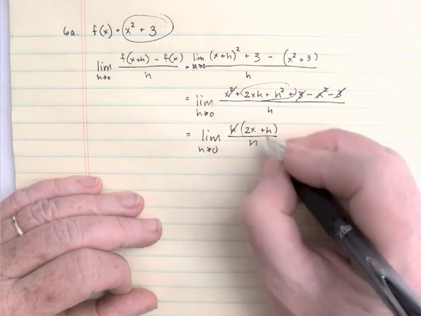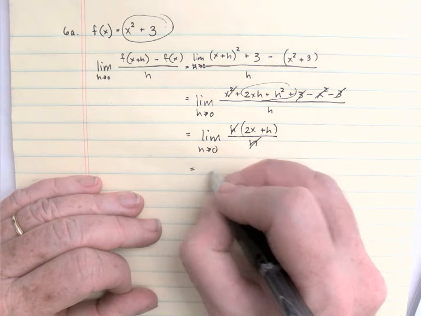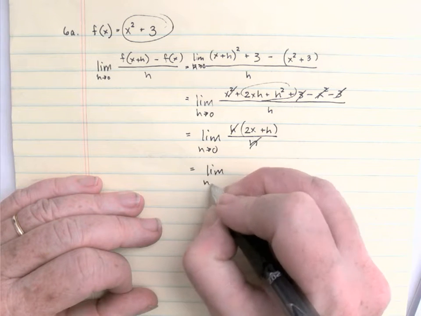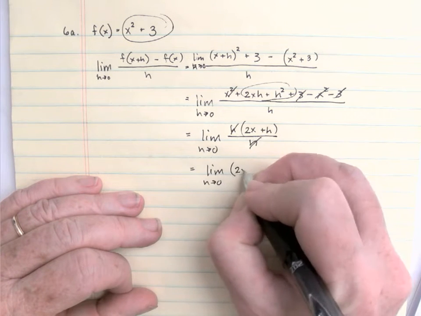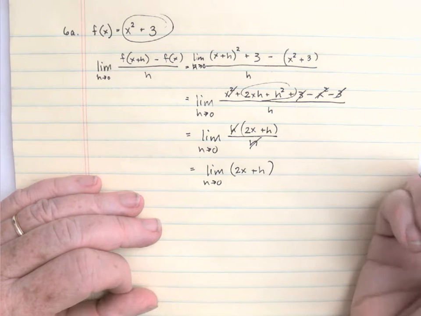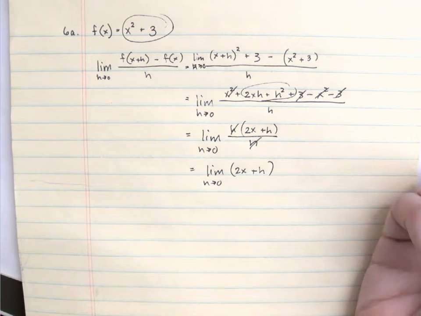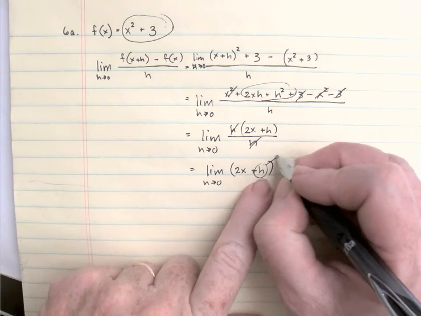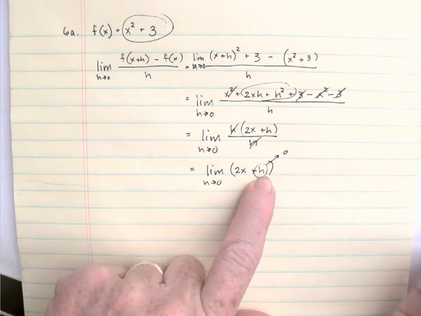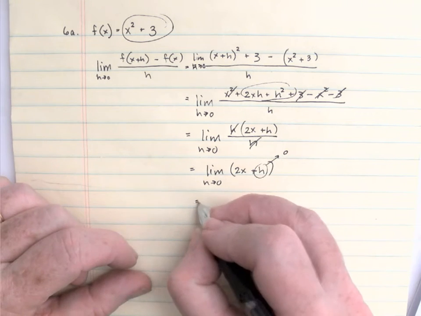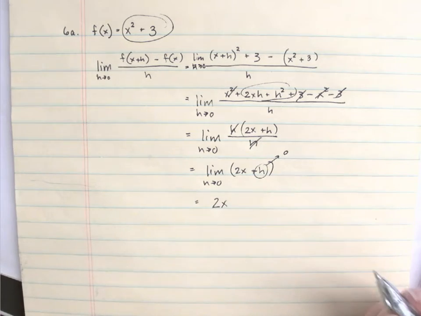Then, of course, the h's cancel out. So now I'm just looking for the limit as h approaches 0 of 2x plus h. And now, in fact, it is safe to plug in h equal to 0. What will happen is this term is just going to go away. That's going to be 0. So all I am left with is 2x, which is kind of interesting.